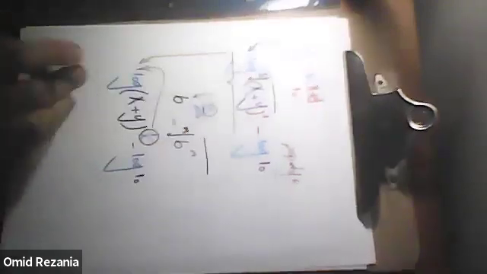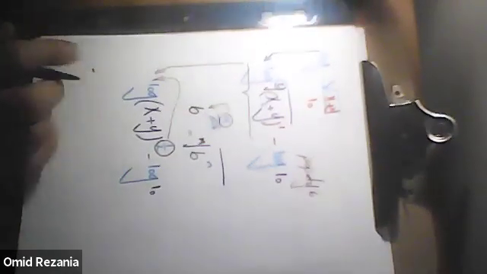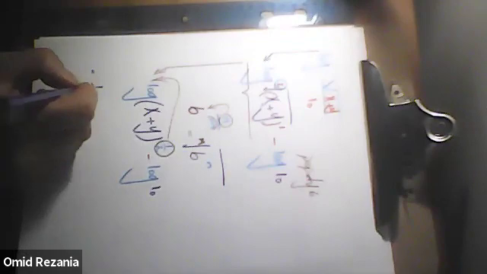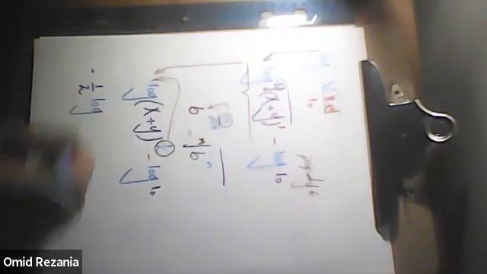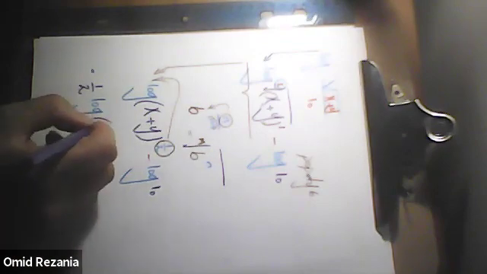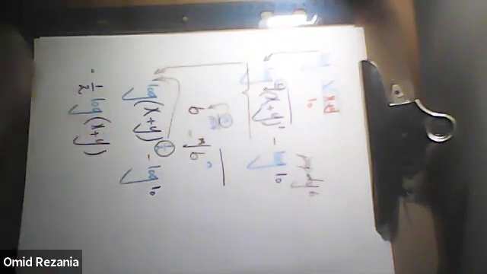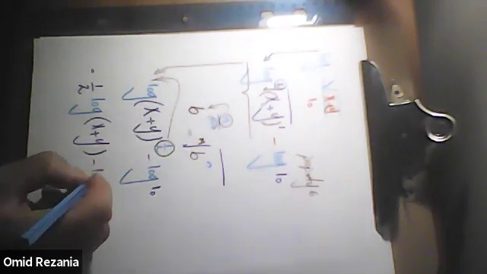Then what's going to happen? It becomes essentially equal to 1 over 2, which is the exponent, times the log of x plus y, minus log of what?